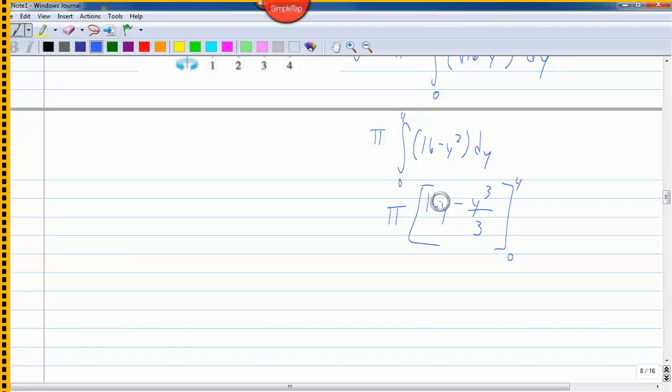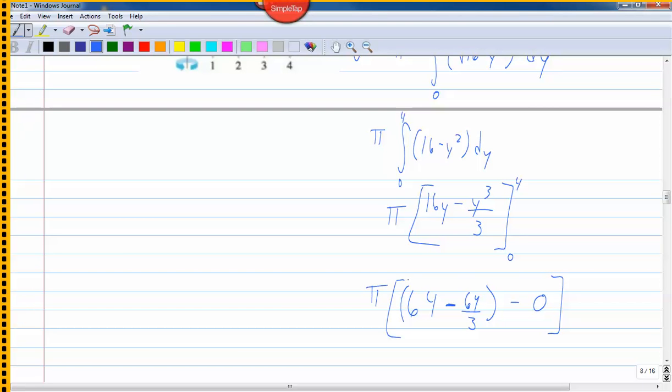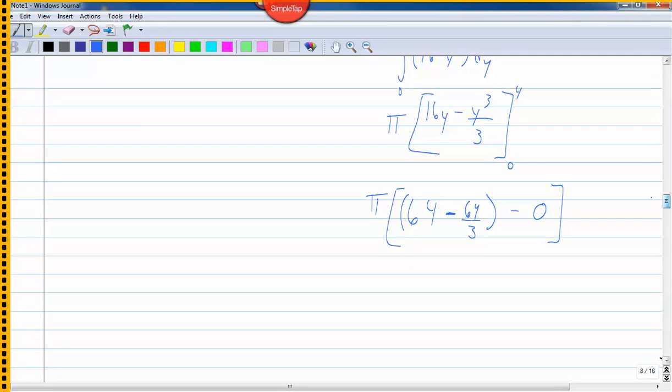When I plug in a 4, 4 times 16 is 64, and then minus 64 over 3. When you cube 4, you get 64 over 3. And then when you plug in a 0, you get 0. Alright, so whatever I get when I say 64 minus 64 over 3 is going to be my answer.